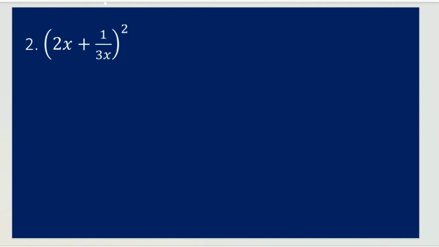Okay, so again, let's just write the formula down. Sorry about that, that's not right. (a + b) whole square equals a square plus b square plus 2ab.